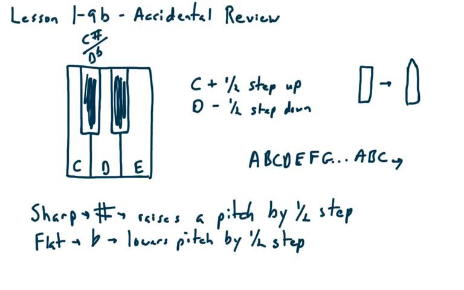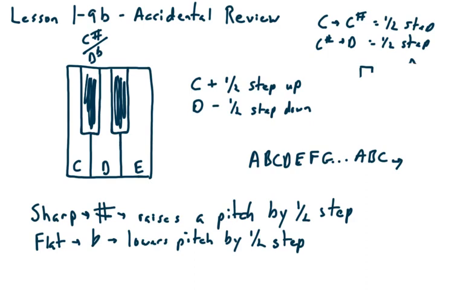Now, that means if C to C sharp is a half step, and C sharp to D is also a half step, then C to D equals 1 step.